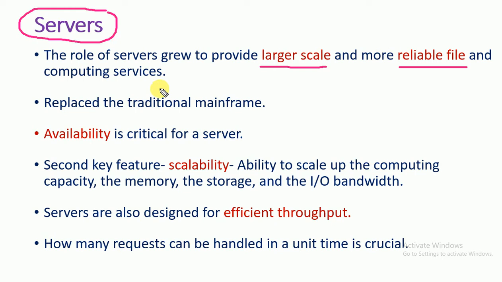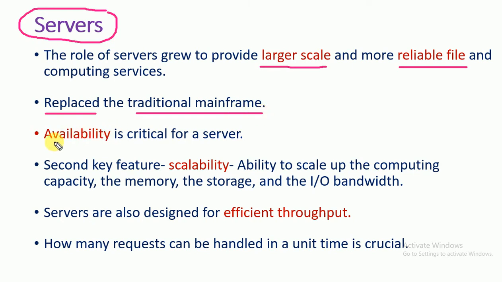We must trust the server to which we are giving the request. So the server replaced the traditional mainframe, which was the server earlier; sometimes it was called a mainframe and sometimes it was called a minicomputer. All of this was actually replaced with the name server.